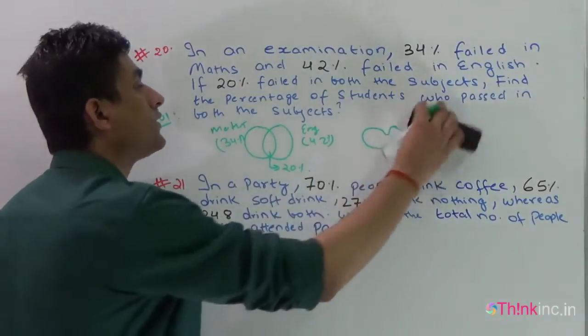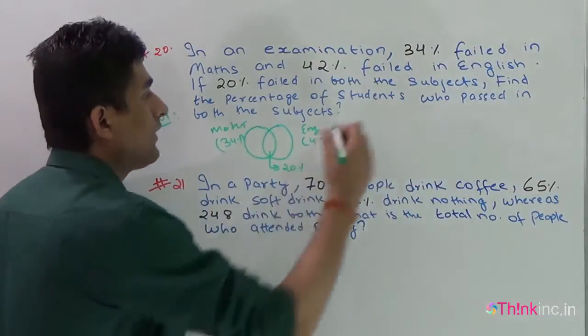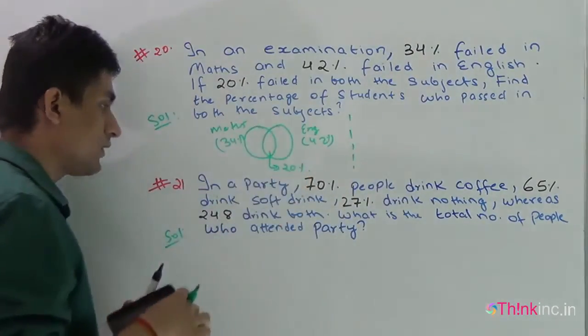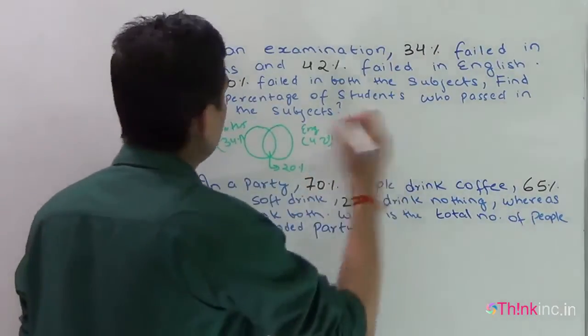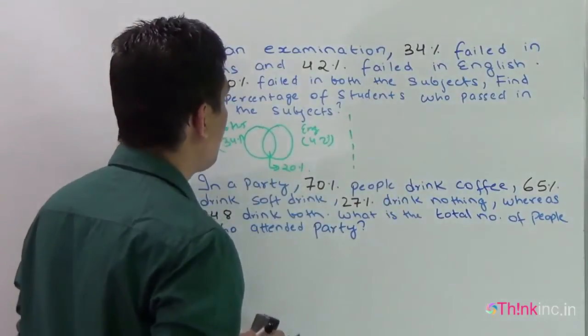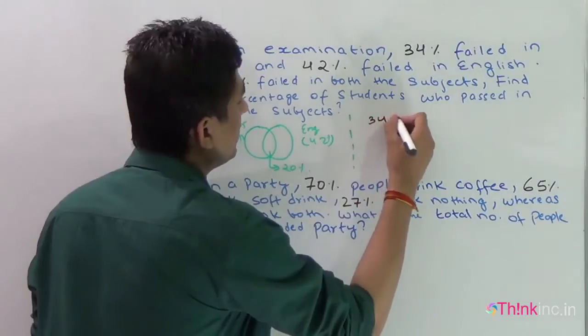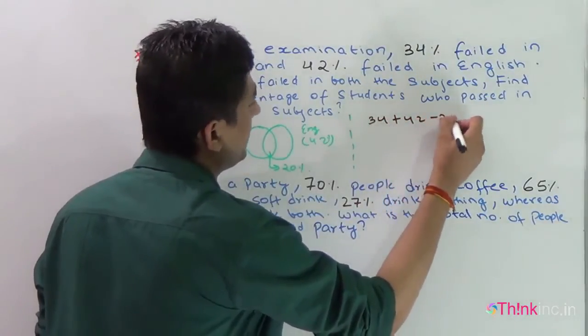In order to calculate this value, I've already shown you in the previous section how we calculate it. Directly solving, it will be 34 plus 42 minus 20.